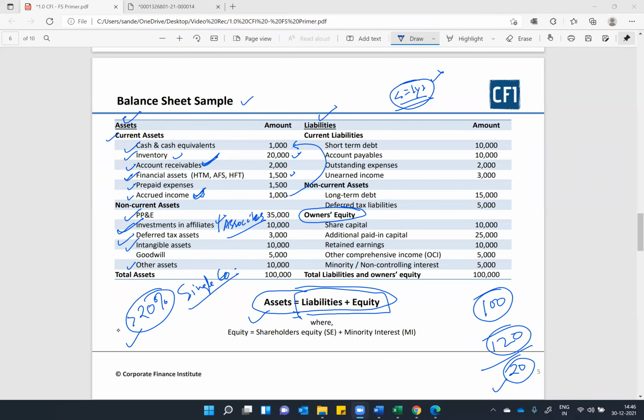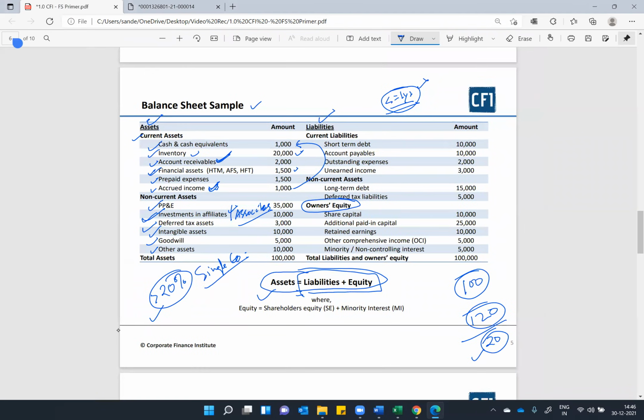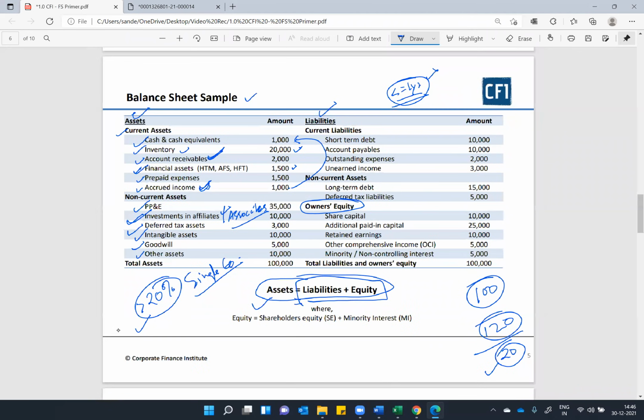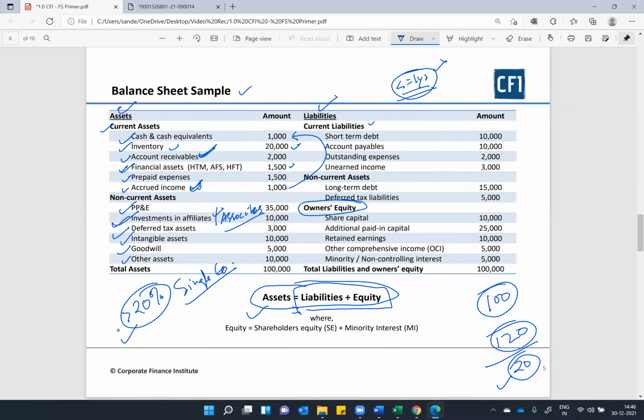The next one is goodwill, which we'll talk about in a minute. So let's move to the liability section. In the liability section also we have current liability and non-current liability, and then you have owner's equity.